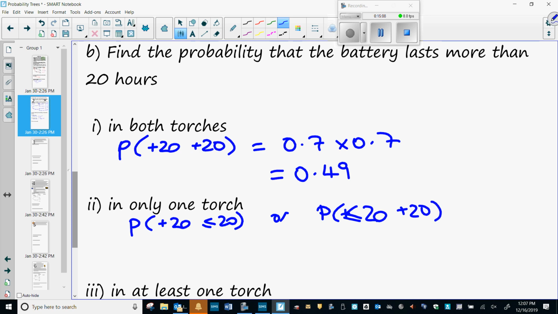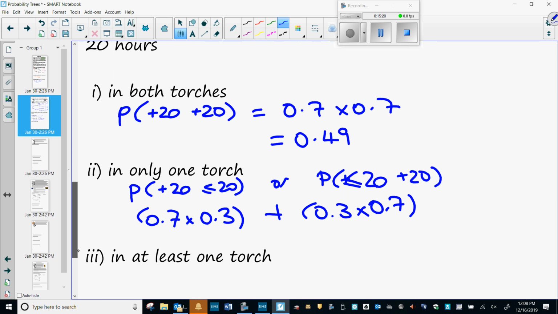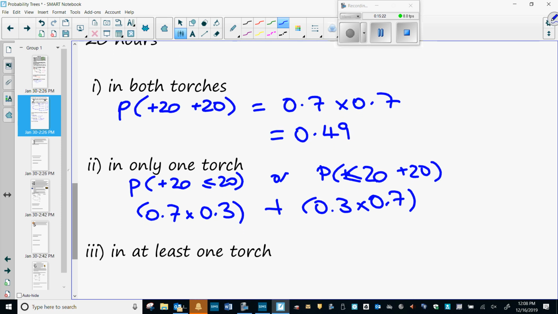So that means that we've got 0.7 multiplied by 0.3 plus 0.3 multiplied by 0.7. So that's 0.21 plus 0.21.